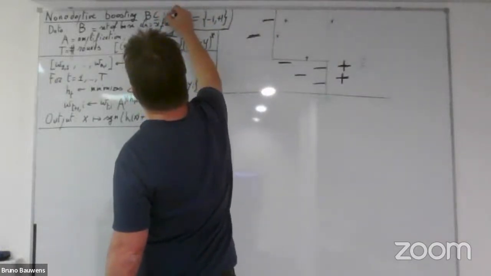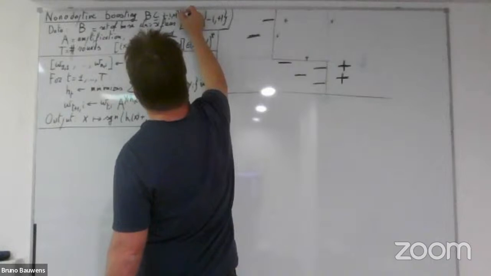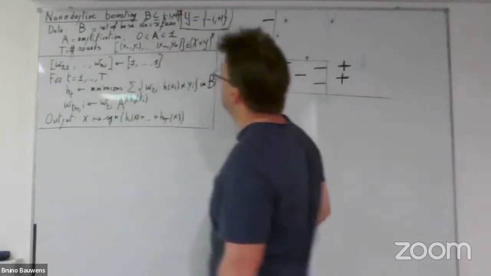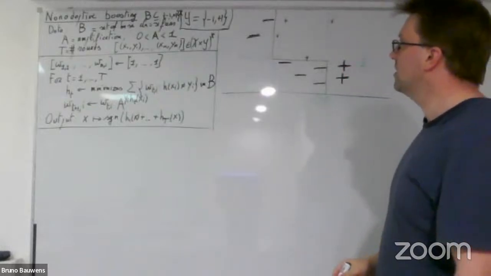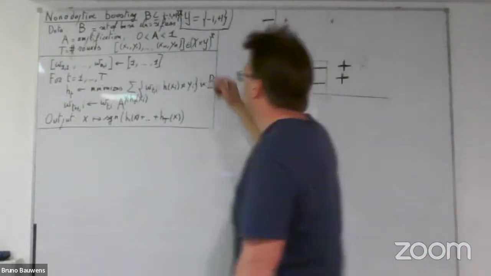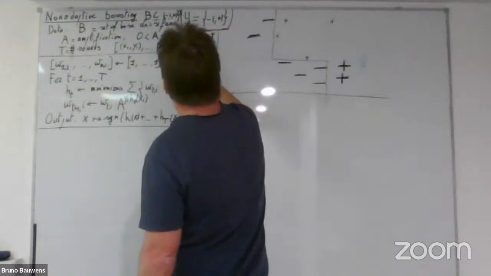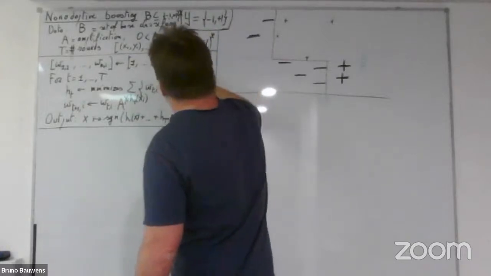That B is a subset of {-1, +1} to the power X. Okay, it's unreadable, but most people already know. So okay, for those watching on YouTube, let's write it clearly.